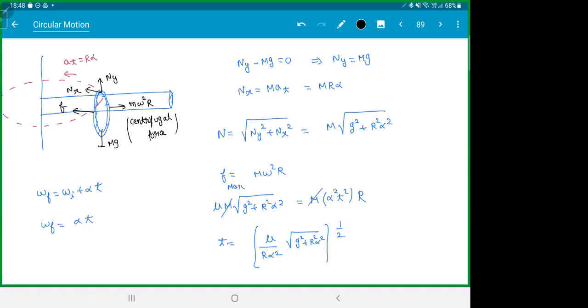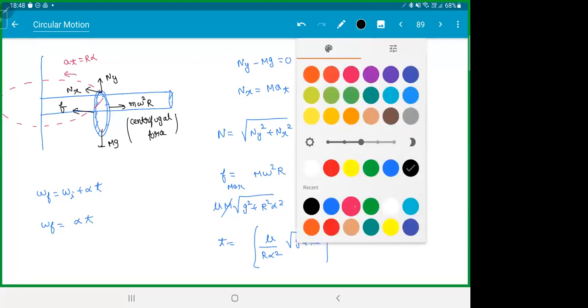Anyone not clear with the steps, please ask. Now, can you do it for the square frame? So what changes for the square? Using this as a reference, can you do what will change for the square frame?